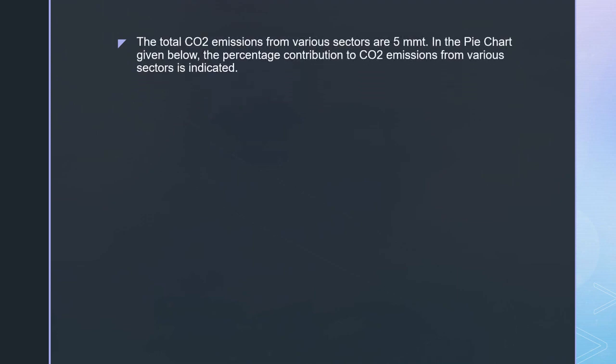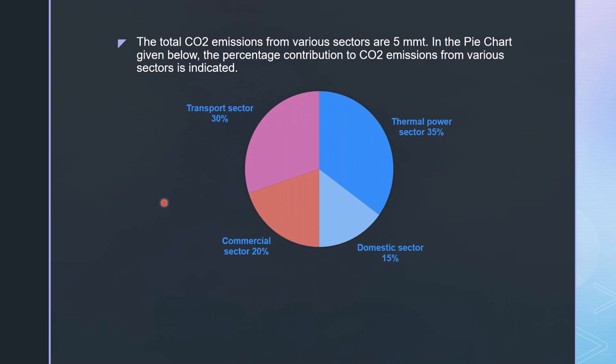December 2011 data interpretation question based on the pie chart. So what is the question? The total CO2 emissions from various sectors are 5 MMT. In the pie chart given below, the percentage contribution to CO2 emissions from various sectors is indicated.